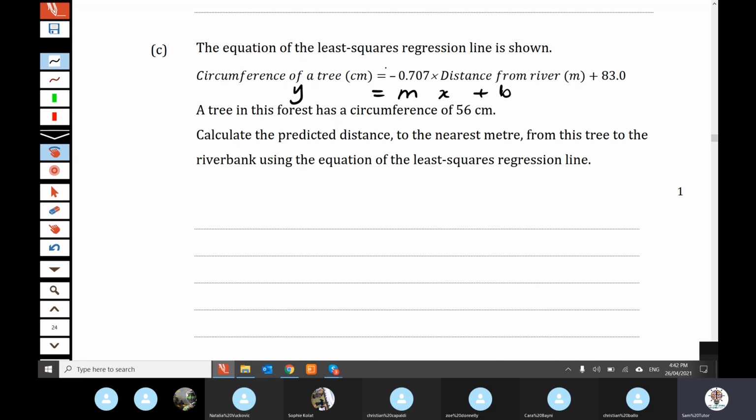All right. There it is. A tree in this forest has a circumference of 56. So what letter is 56? Calculate the predicted distance to the nearest meter. So in other words, when you were in year 9, this is what you were asked to do, right?